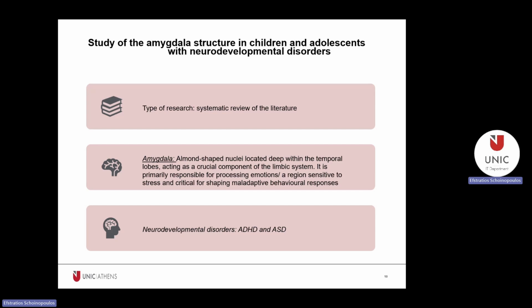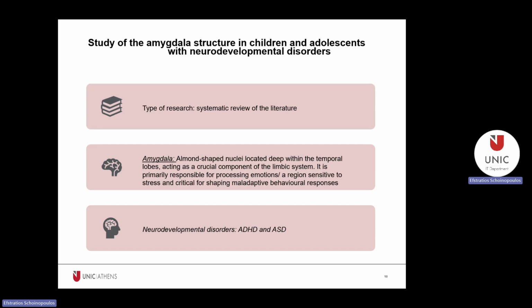So, amygdala, what is amygdala? Amygdala is an almond-shaped nuclei which is located deep within the temporal lobes. Amygdala acts as a crucial component of the limbic system. It is primarily responsible for processing emotions and is actually considered a region sensitive to stress and critical for safety and maladaptive behavioral responses.